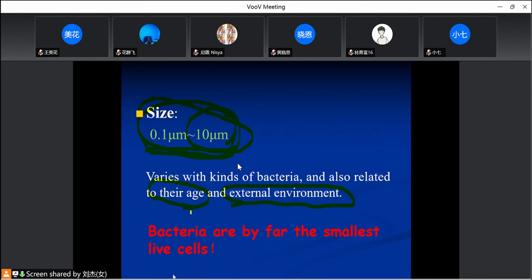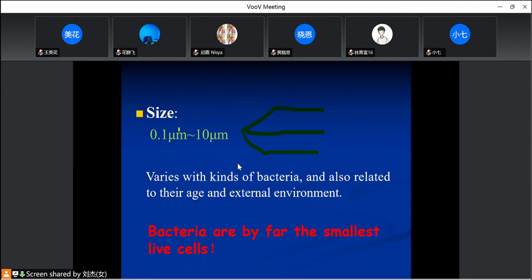So we can see that the size of the bacteria depends on their kind, meaning the different families of bacteria, and also on their age, and then the environment, because they will change their shape in the environment. And what's more, when we talk about the size of the bacteria, in the remaining slides I will show the shape.